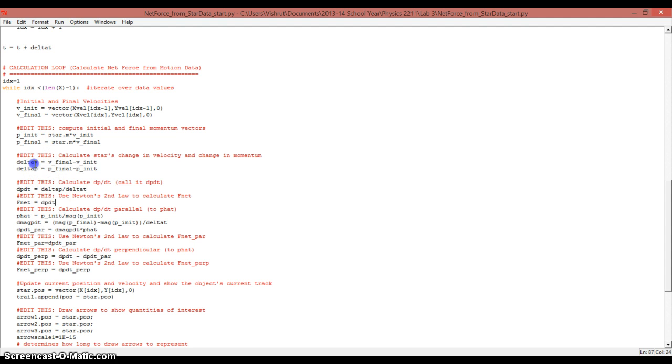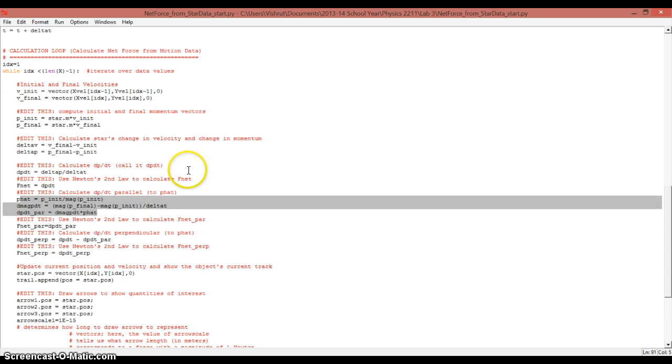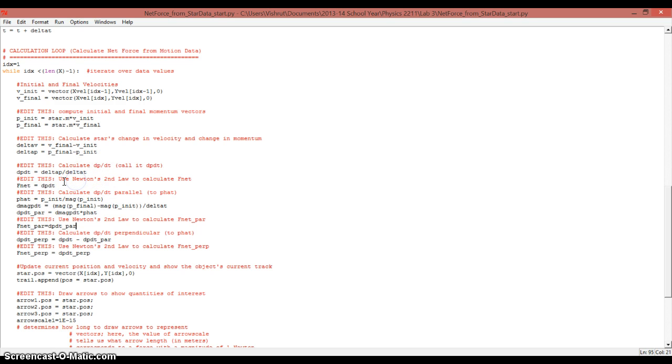We set Fnet equal to dp dt, and then we calculated dp dt parallel using the formula that we saw in the slides earlier. Using one of the relationships that we saw earlier, dp dt parallel is equal to Fnet parallel. Also, dp dt perpendicular plus dp dt parallel is equal to dp dt. So we modified this slightly, subtracting dp dt parallel from dp dt in order to get dp dt perpendicular.